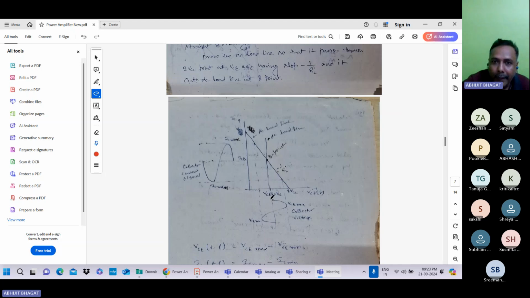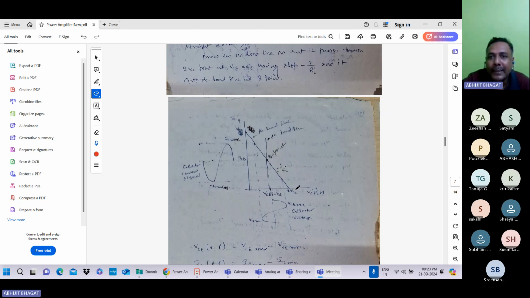Same waveform. One thing here: when we put the AC load line, we select the AC load line in such a way that it cuts the x-axis at 2 VCC.